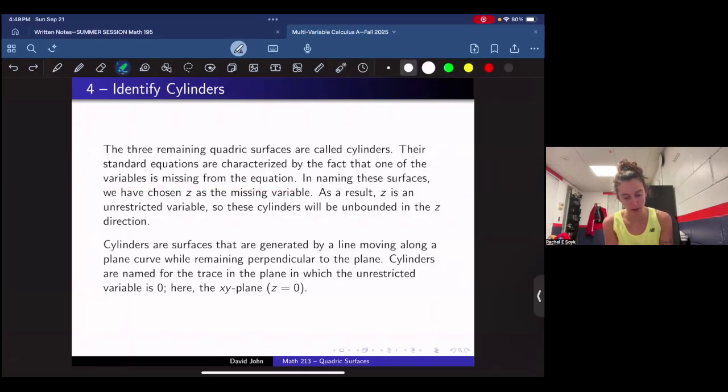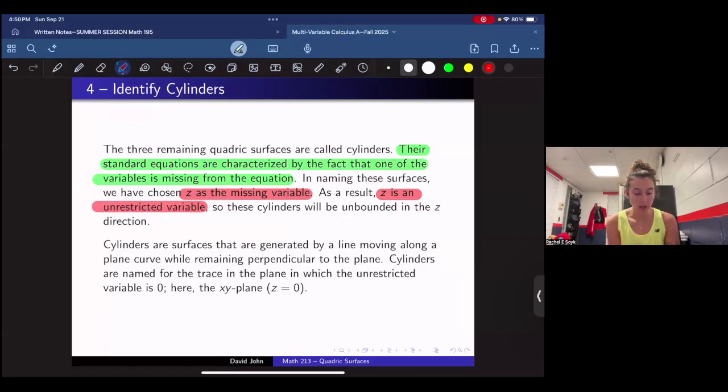So why don't we highlight that? In naming these surfaces, we've chosen z to be that missing variable. And so as a result, z is an unrestricted variable. So these cylinders will be unbounded in that z direction.